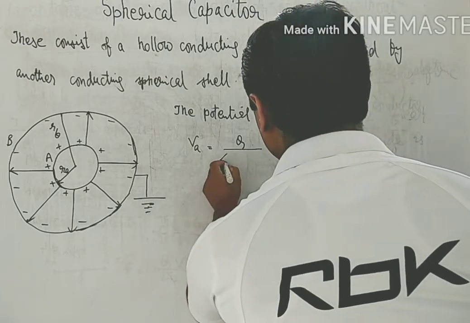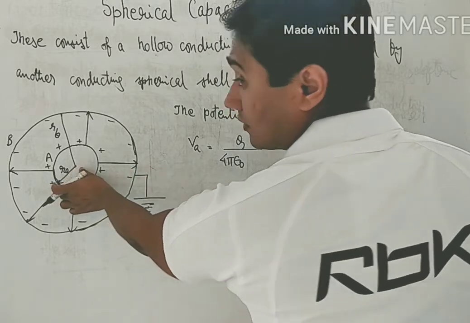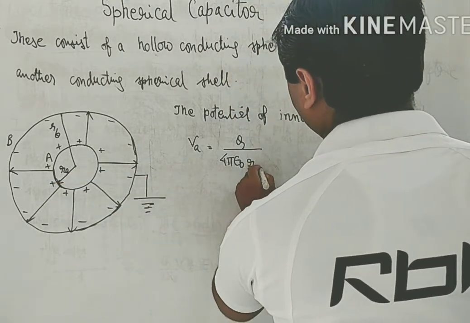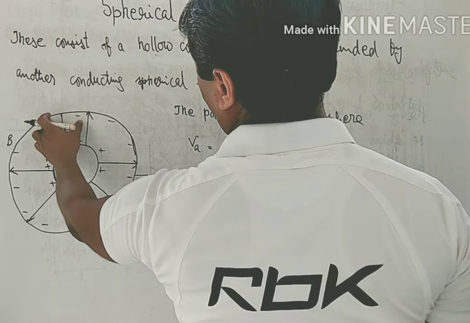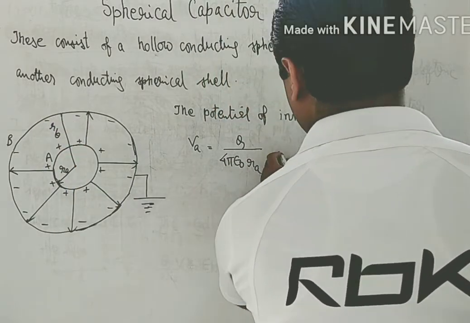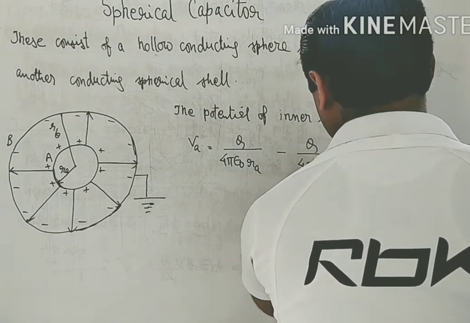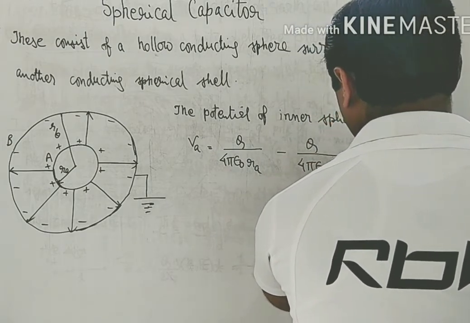So Q upon 4 pi epsilon naught into, what's the radius of this? It is RA. Now this is having negative charges, so the potential due to this will be negative. For that reason I am writing minus Q by 4 pi epsilon naught RB.